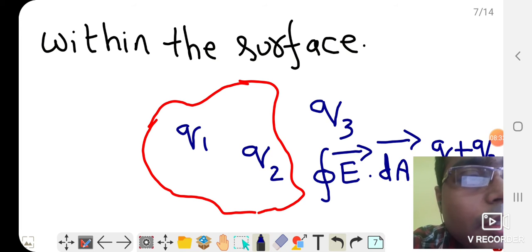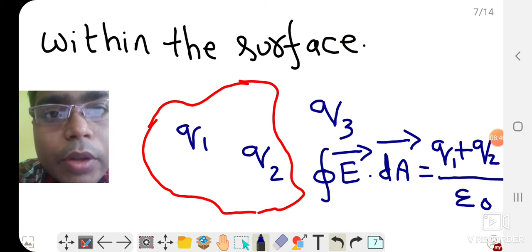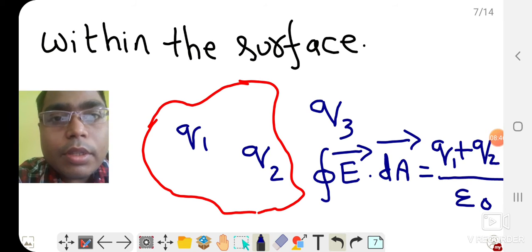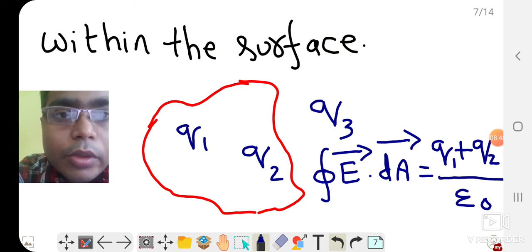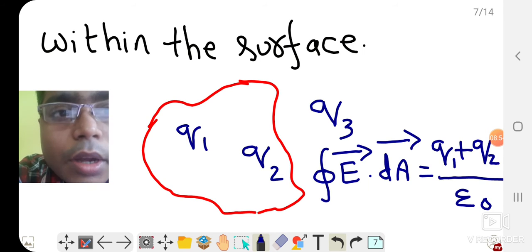So when we write the electric flux using the Gauss law, it is written like this: flux equal to q1 plus q2 divided by epsilon naught. So here you can see which charges we have taken. We have only taken the charges which are present inside the closed surface, not outside.